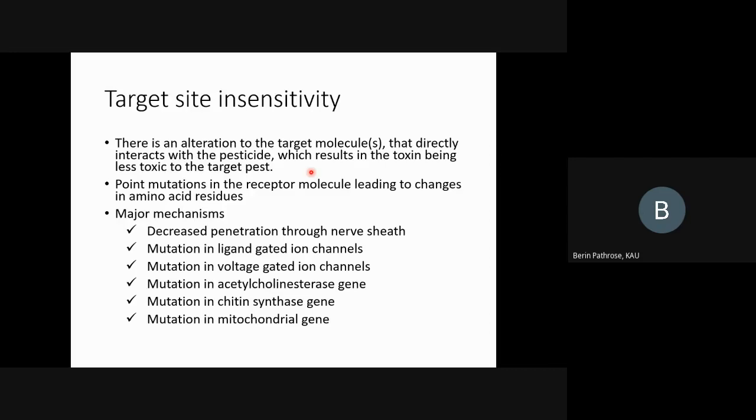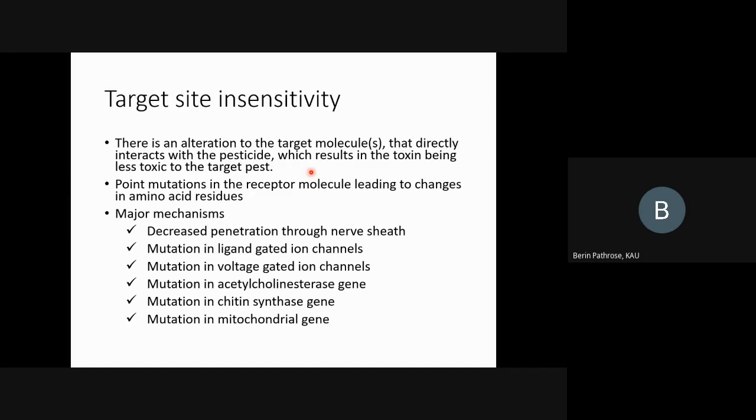So if a mutation happens in that target protein, the receptor protein, mutation means an amino acid changes, and once that amino acid changes, the structure of the protein also changes. But the change in structure makes the receptor protein insensitive to or not responsive to the pesticide molecule. Still, that receptor maintains its sensitivity towards the original neurotransmitter.